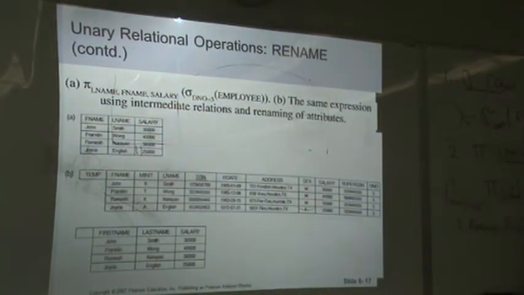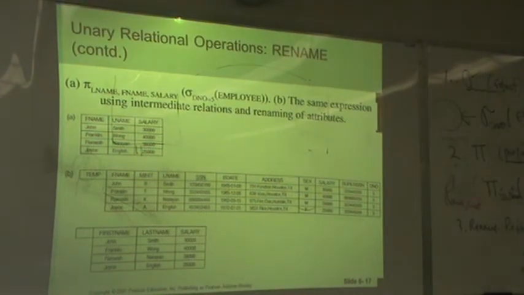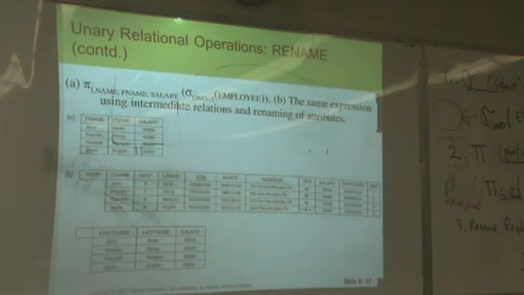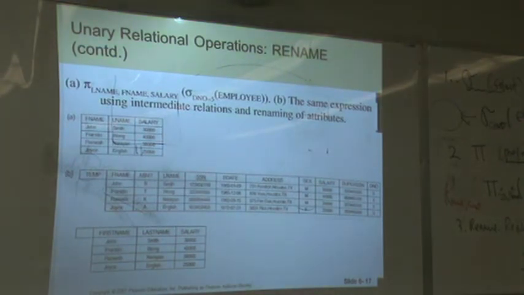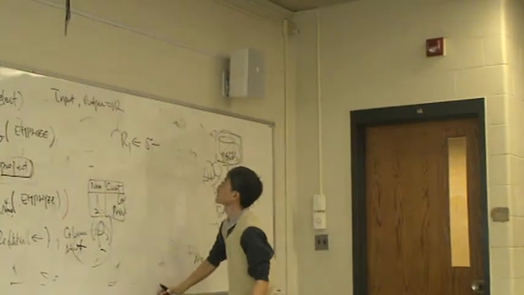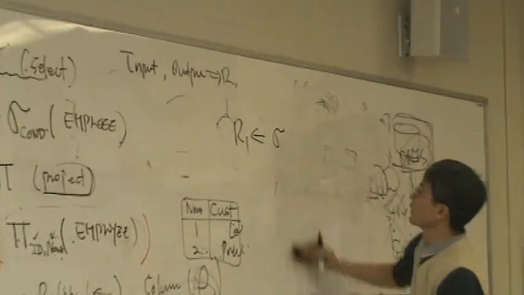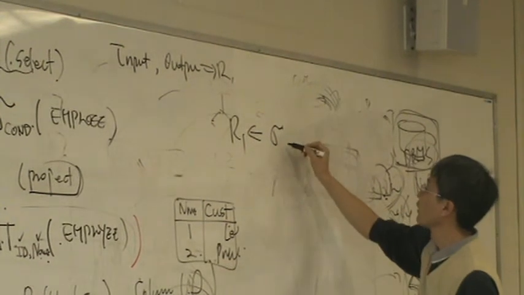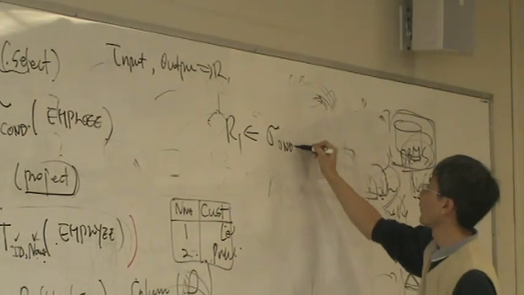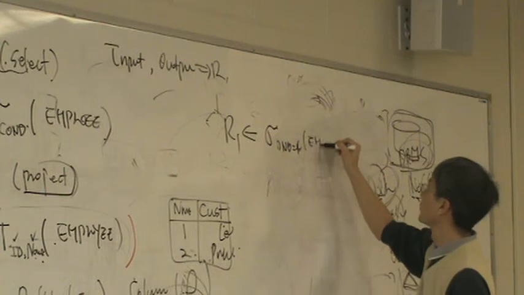Any input and output of an operation is a relation, which means, for example here, this is R1, let's say, with the condition DNO equal to 4 on employee.